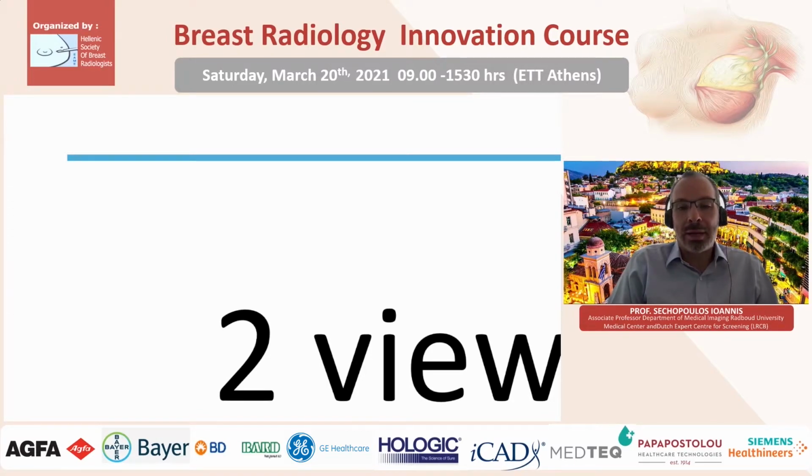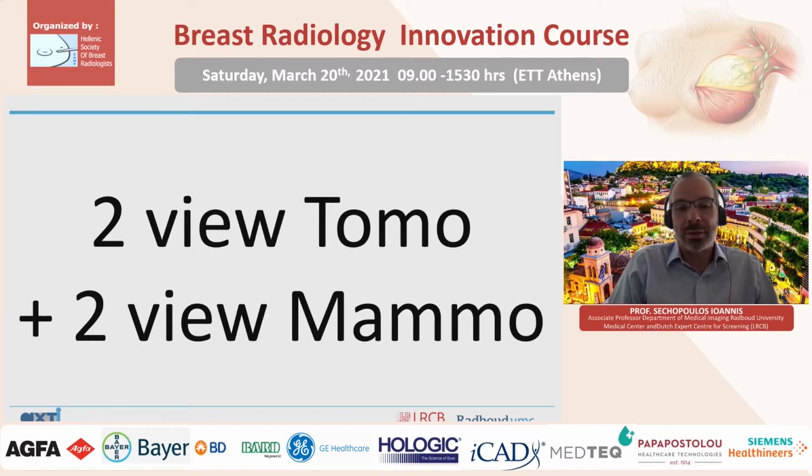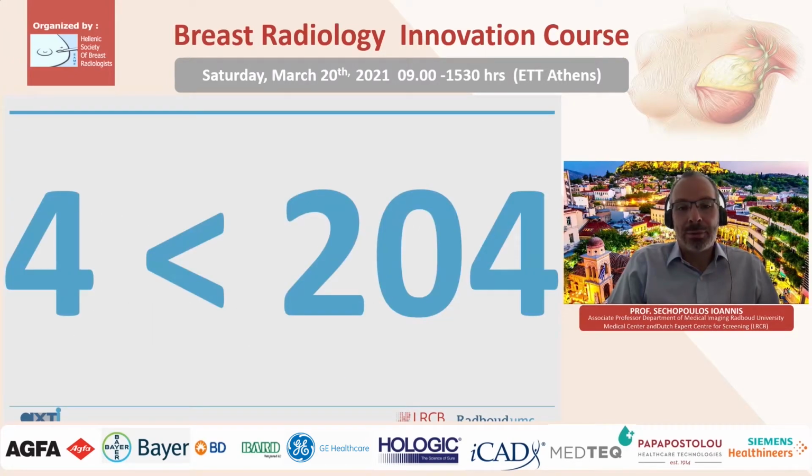If the average breast thickness is about 50 millimeters, we get 50 slices for each acquisition. 4 views times 50 slices is 200 images, and the 4 views of mammography give us 204 images that we would have to review in a tomosynthesis screening exam, which is much higher than the 4 images we have to view in a mammography screening exam.